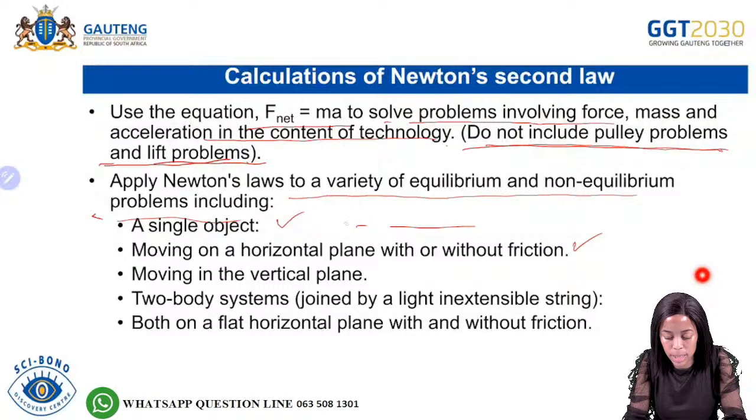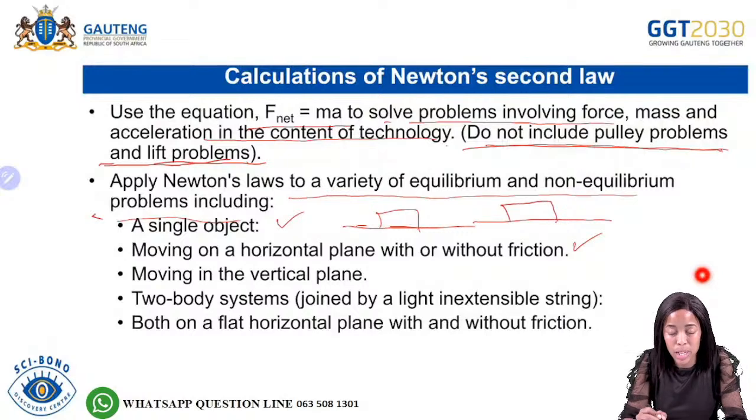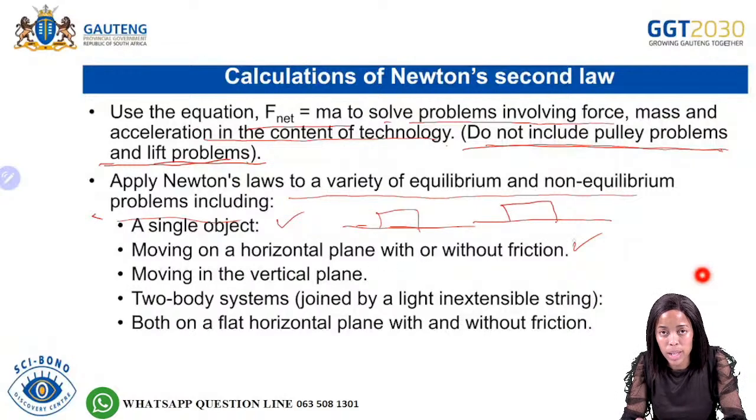So a single object, we are simply talking about one, so that would be represented by one box. Or if it's two objects, then we are talking about two objects. Then it says moving on a horizontal plane with or without friction.